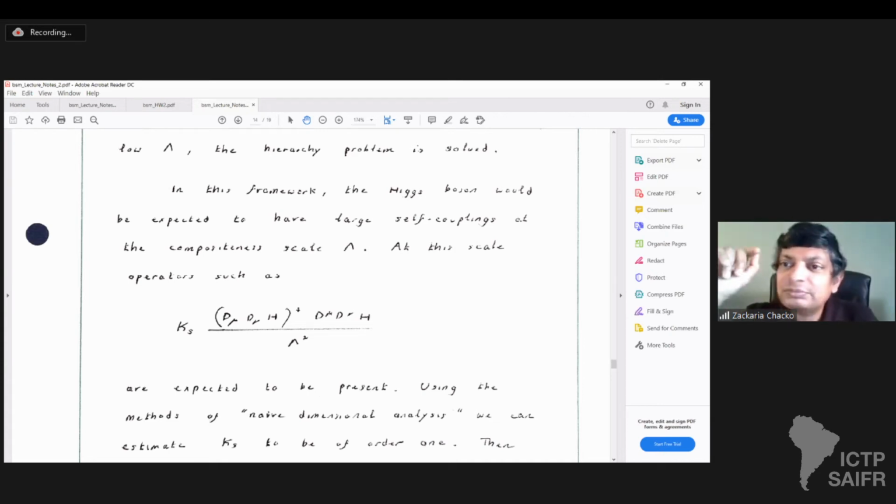And remember our old friend O_S. O_S was H dagger sigma H, H dagger Pauli matrix H, W mu nu B mu nu. So that is hidden in here. This operator contains that guy.